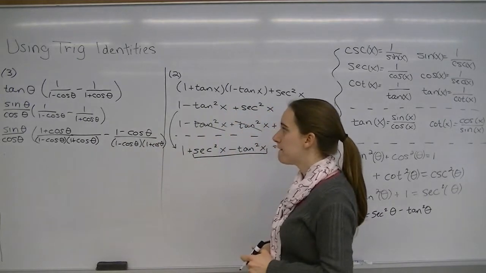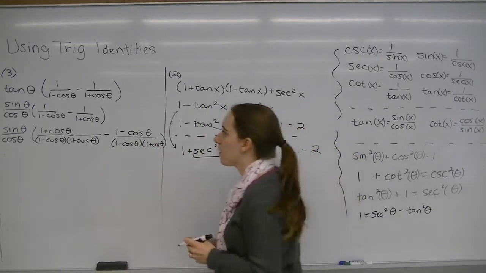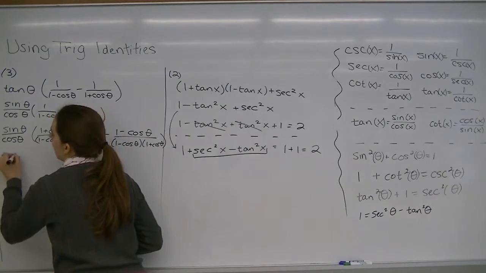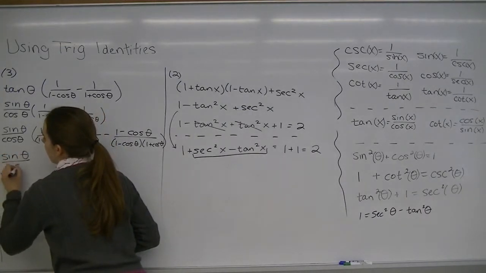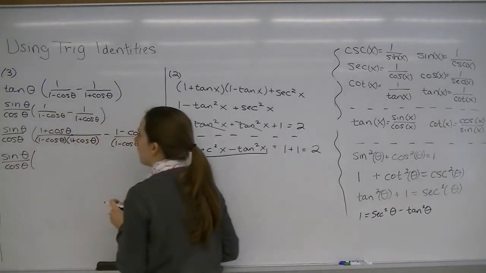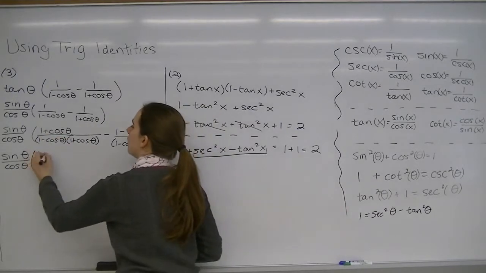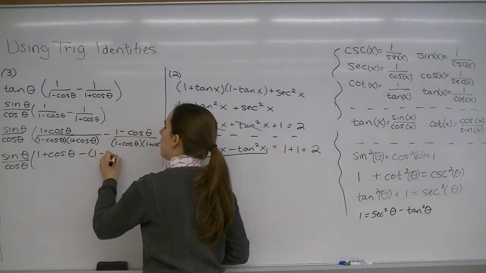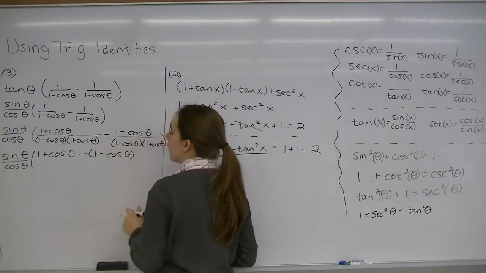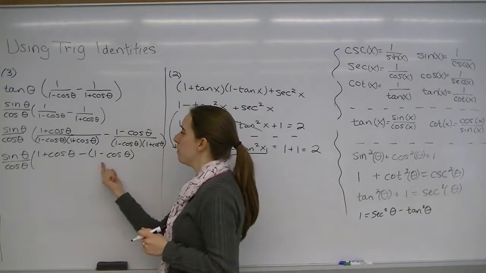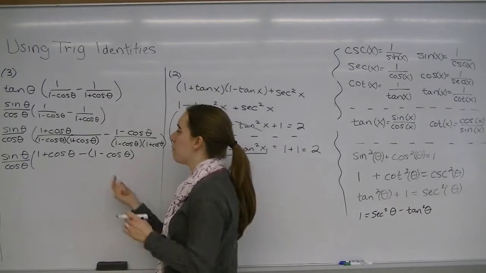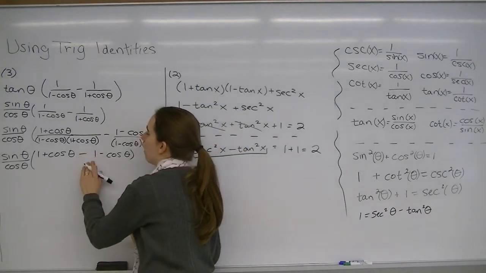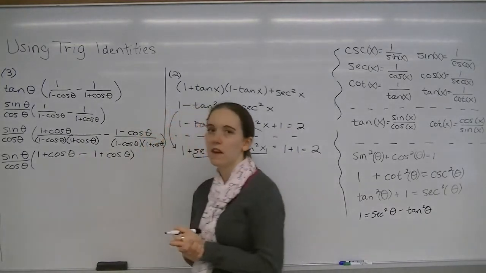Okay, so now I can subtract right across the top, right? So I get 1 plus cosine theta minus 1 minus cosine theta. Well, if I distribute this negative across, I get minus 1 plus cosine theta.